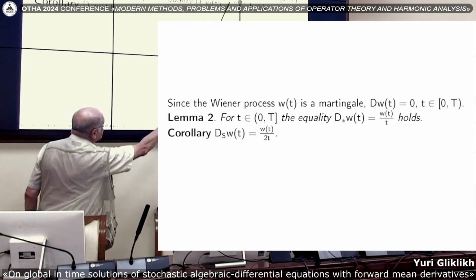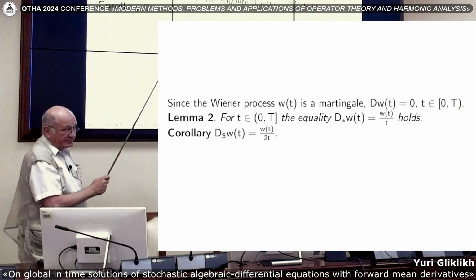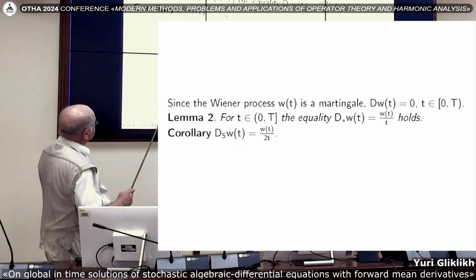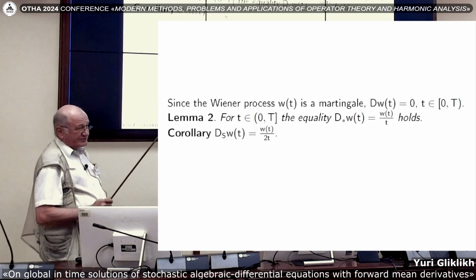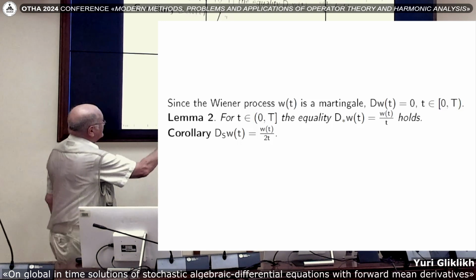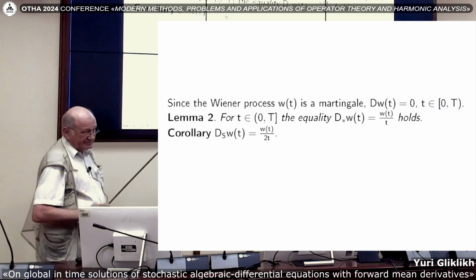The backward mean derivative, you see, is W over T. And the current velocity then equals W over 2T.